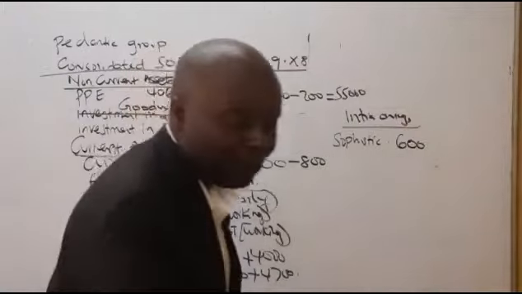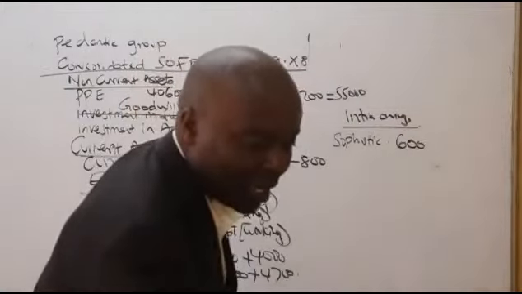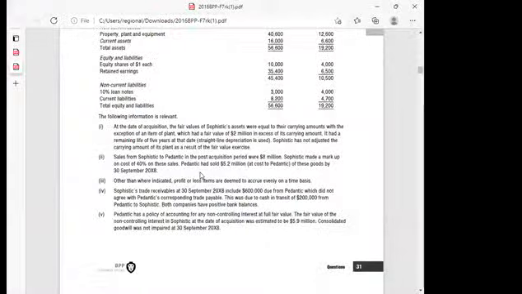And then we have pedantic, on the other hand, has an internal owing. We are told it includes 600 due from pedantic, which did not agree with the pedantic corresponding trade payable. This was due to cash in transit of 200,000 from pedantic to sophistic. Both companies have positive bank balances, that is useless.